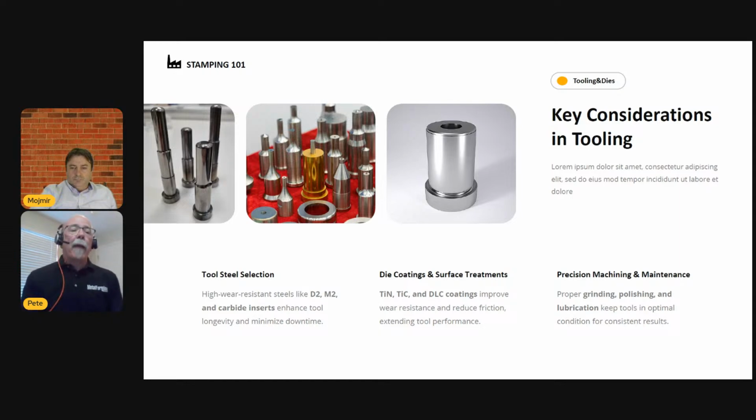And sometimes they gall up. And so what we look at doing is, it's galling up, I need a better tool steel. We might change the tool steel, it gives a little better wear resistance. It's still galling up. Well, let's put a die coating on it. That'll help give us more wear resistance.